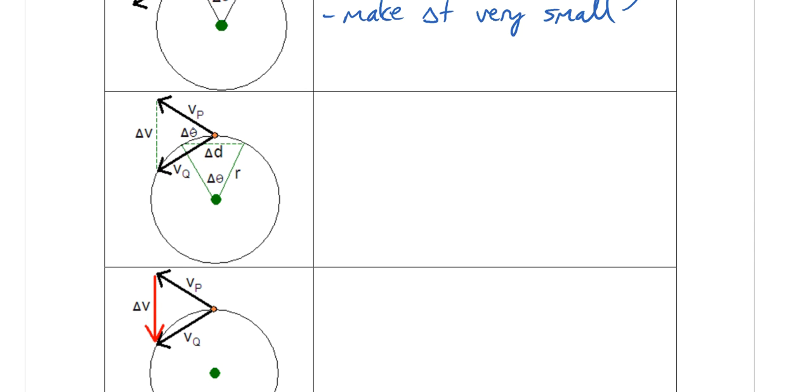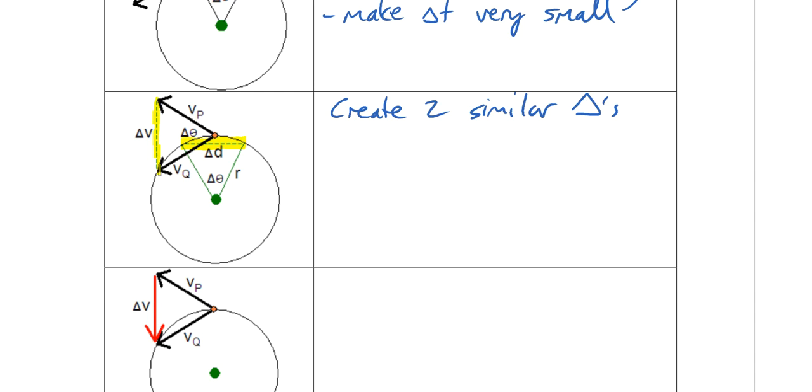One is a v triangle and one is a d triangle with the radii. This side on that triangle matches up with this side on that triangle. So there are two isosceles triangles.